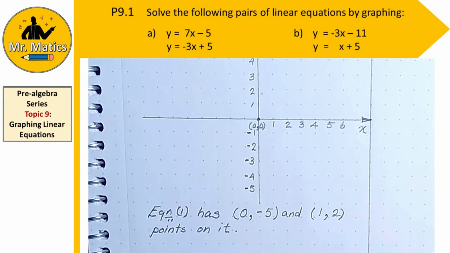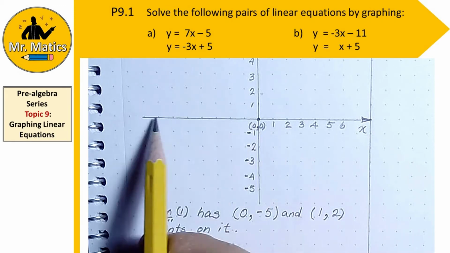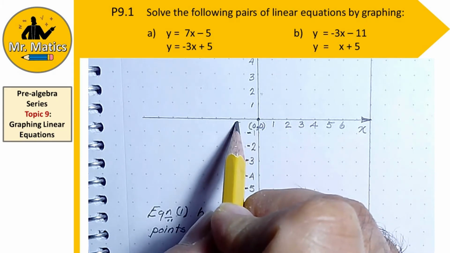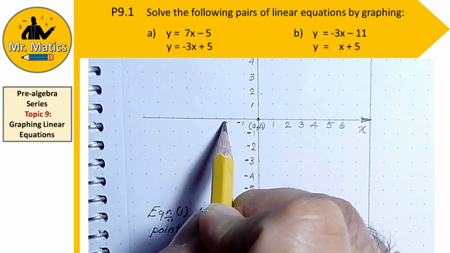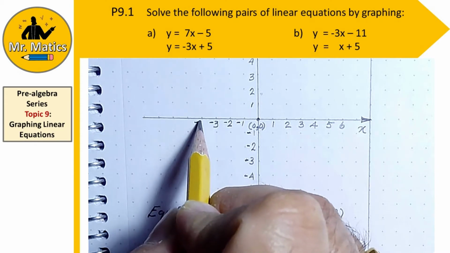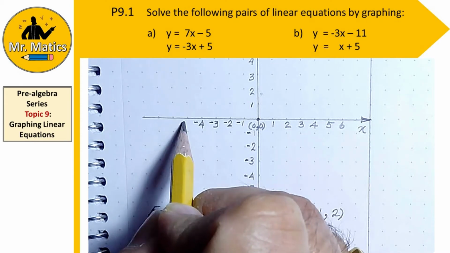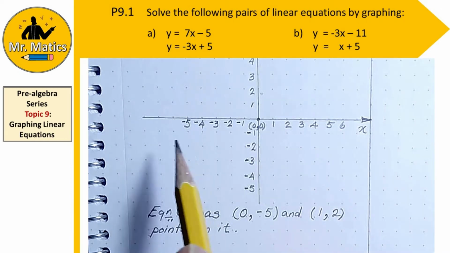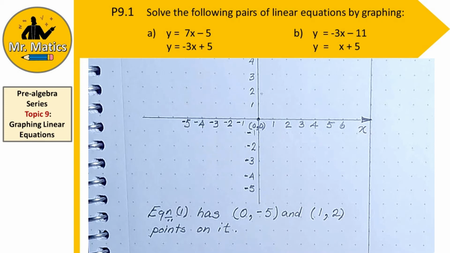You can go further. And on the left side of this axis, I'll put x is -1, -2, -3, -4, -5, and so forth. I don't know if I need more, but if I need, I will put.